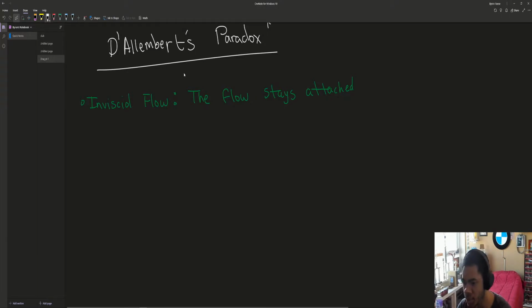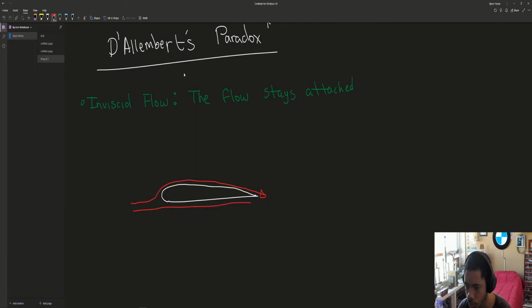Let's say we have some airfoil. If the airflow stays attached the entire time across, we find that the pressure going in is equivalent to the pressure going out.